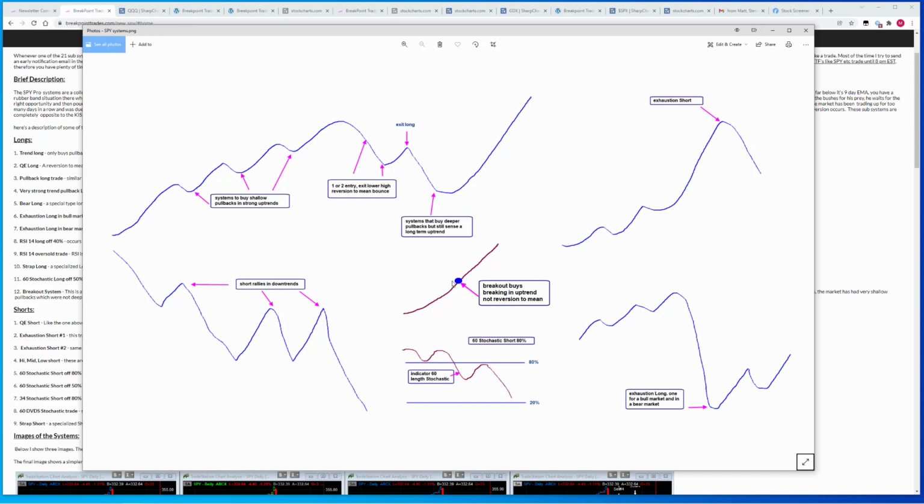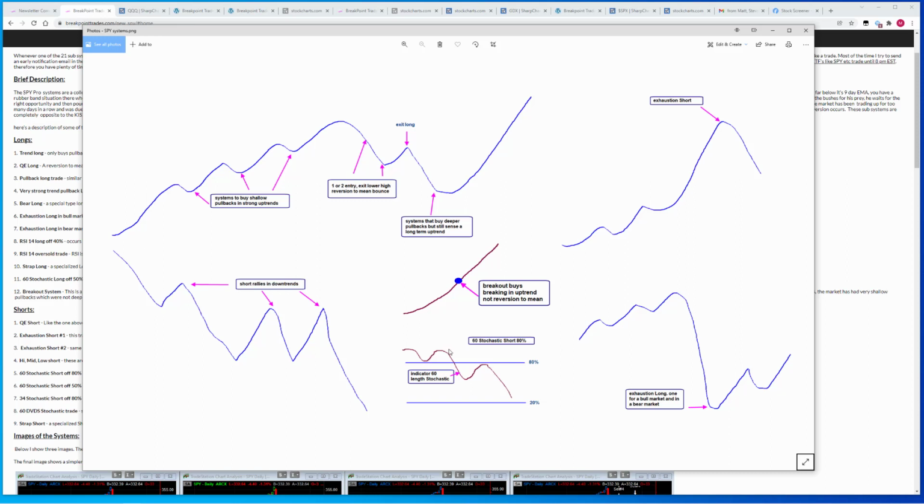Here's my breakout system, which again is not reversion to mean. You're going up, you're already overbought, but it's buying that, and the market typically continues this trend. The breakout systems use a traditional hard stop. The reversion to means do not, and I'll explain more of that in a minute.